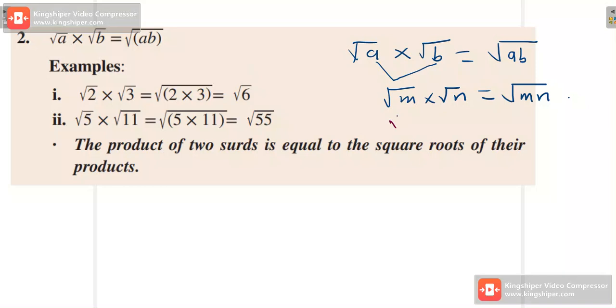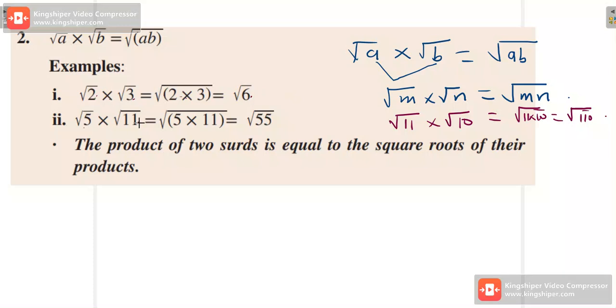So now we can use an example. Let's say root of 11 times root of, let's say, 10. This is going to give us root of 11 times 10, and that will give us root of 110. We have other examples here. Root of 2 times root of 3 is the same as root of 2 times 3, which is root of 6.